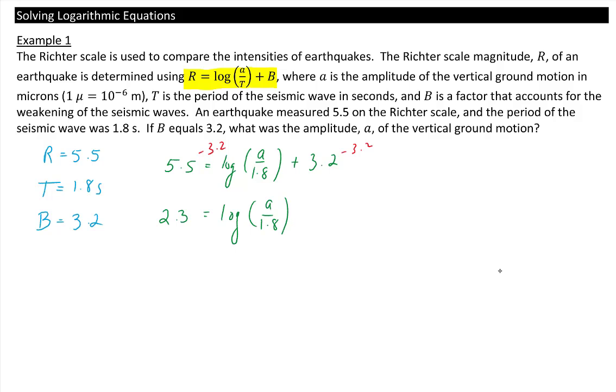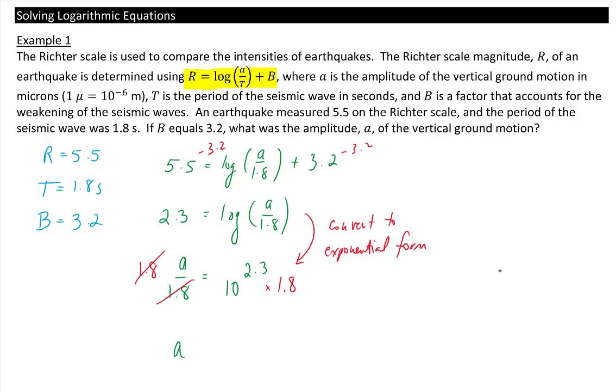To solve for A, since it's inside of a logarithm, we need to change this into an exponential. So use the inverse. We end up with our argument A over 1.8 is equal to 10 to the exponent 2.3, since this is a logarithm of base 10. And then our final step to solve for A is to multiply both sides by 1.8.